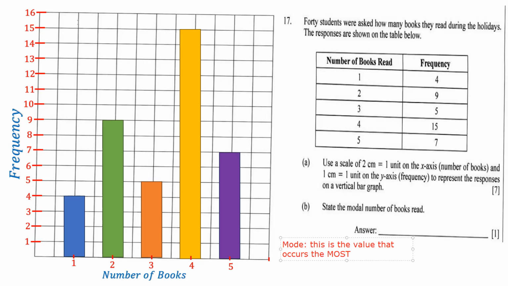Go and put inside the chat, everyone, what you think the modal number of books read is going to be. Everyone needs to answer, not just 3 persons. Put that inside the chat for me.